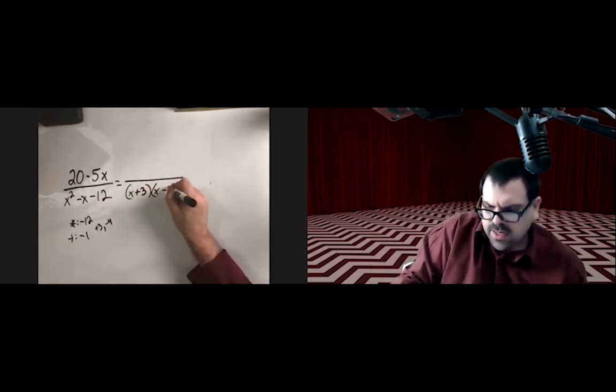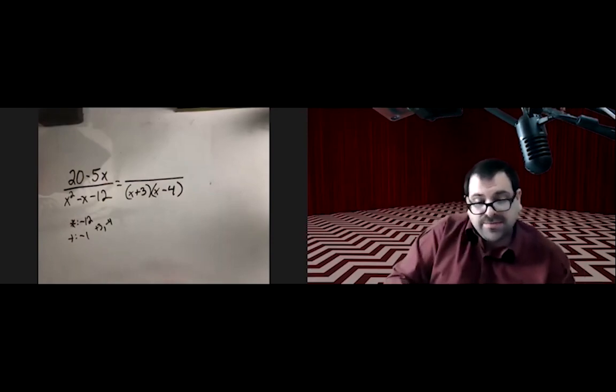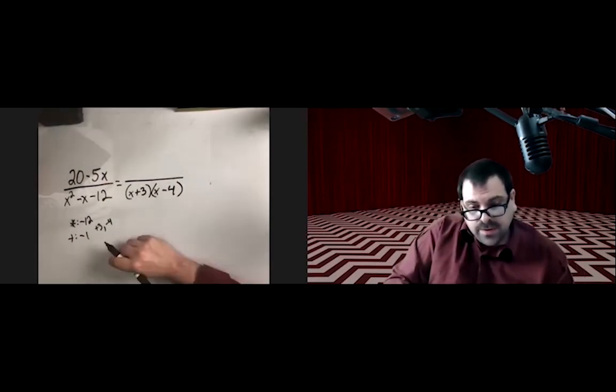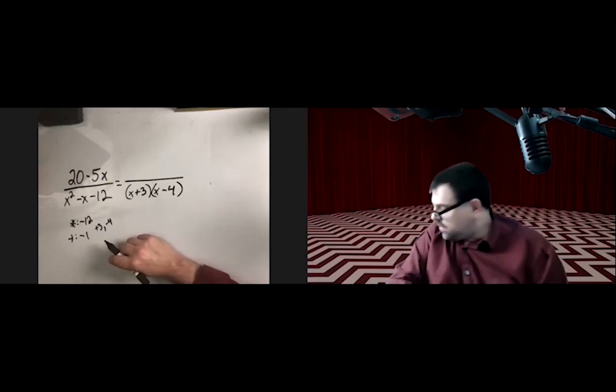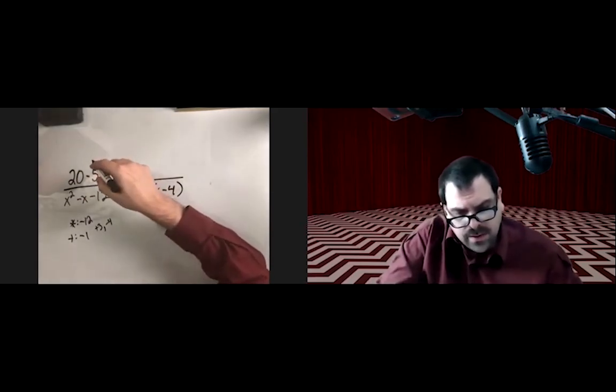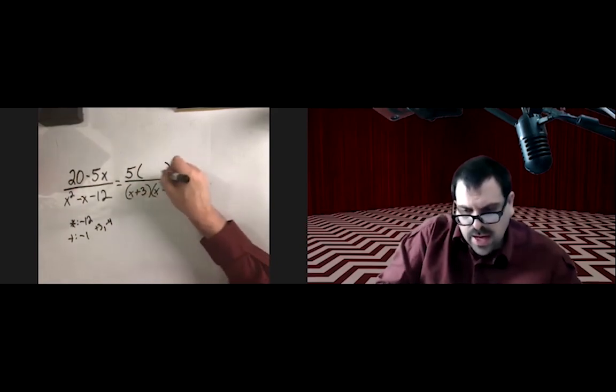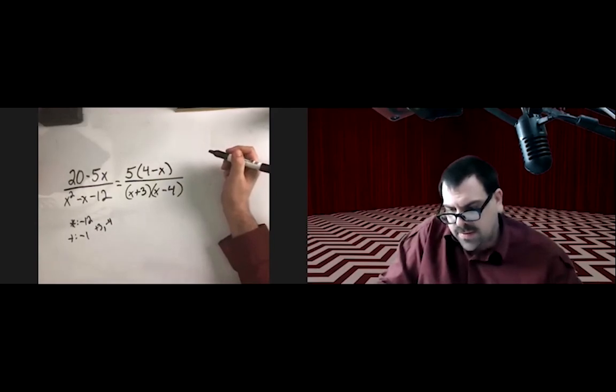Plus 3, minus 4. On the top, 20 minus 5x, we can factor out a 5, and that leaves us with 4 minus x.